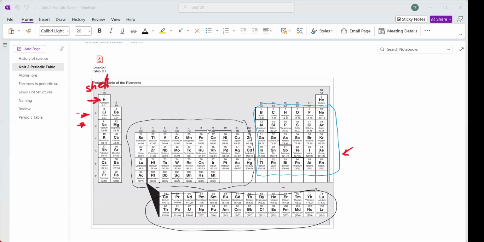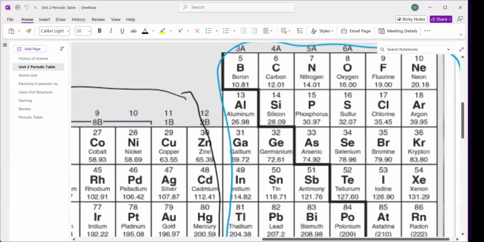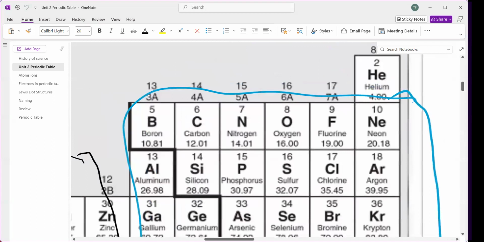All right, so let's look in more detail now about this. On every periodic table, there is a minimum of certain things, and some periodic tables have more information than others. So this is kind of the minimum. Actually, this is almost the minimum.